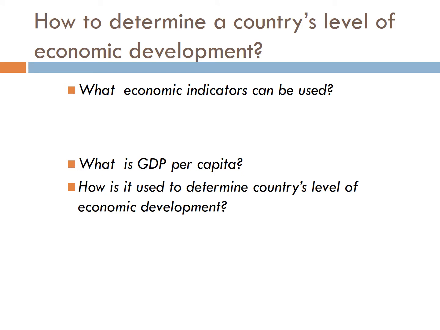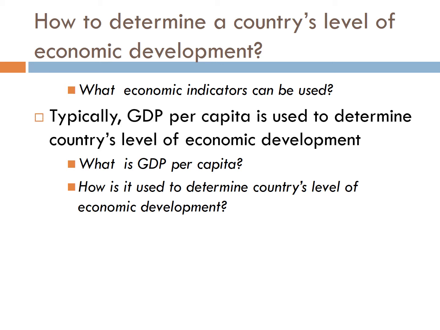So, as we discussed before, some economic indicators are generally used to determine countries' level of economic development. While there are different indicators, like GNP and GNP per capita in the previous slide, we generally go ahead with using GDP per capita to determine countries' level of economic development.